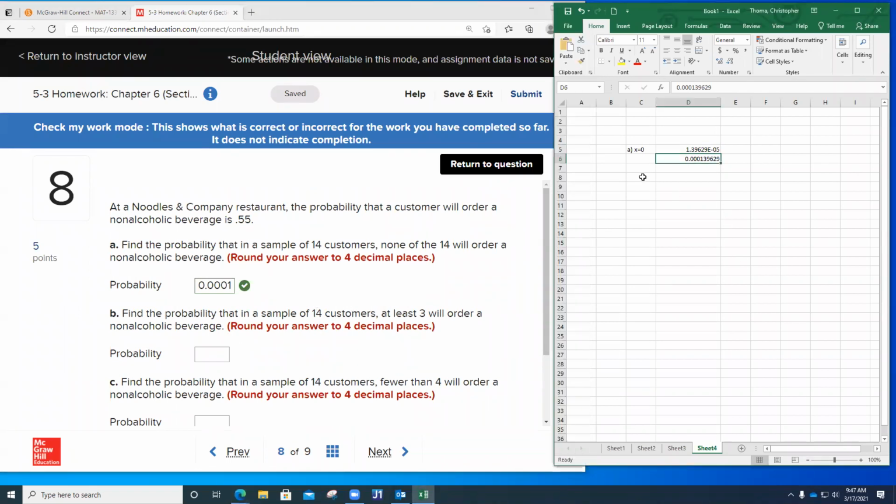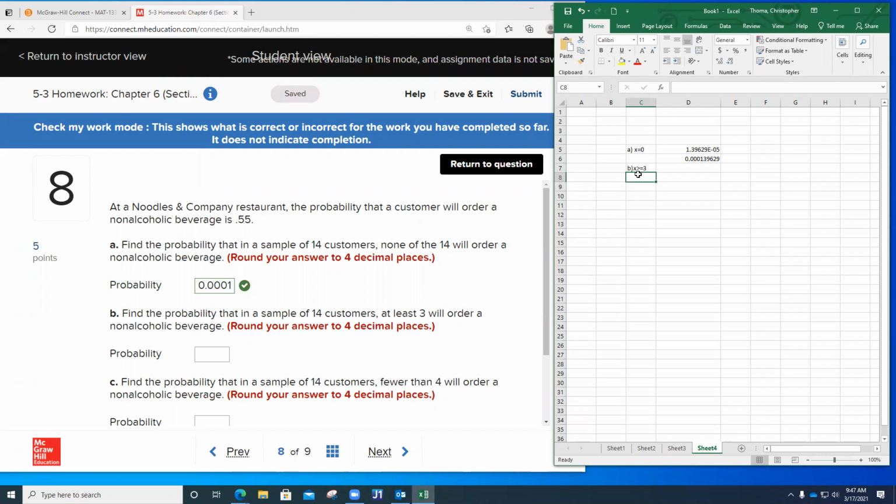All right, so for part B, find the probability at least 3 will order. So remember, at least, from the previous problem we did, that is greater than or equal to 3. That's what at least means, right? But Excel doesn't want that. Excel wants equals or less than or equal to.